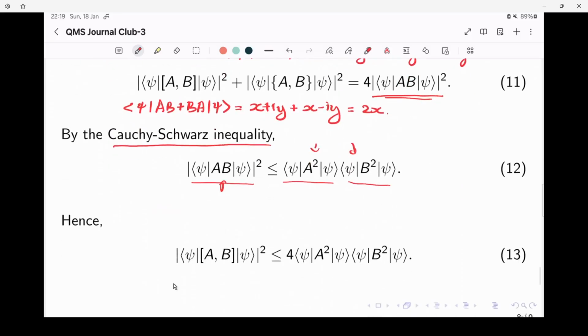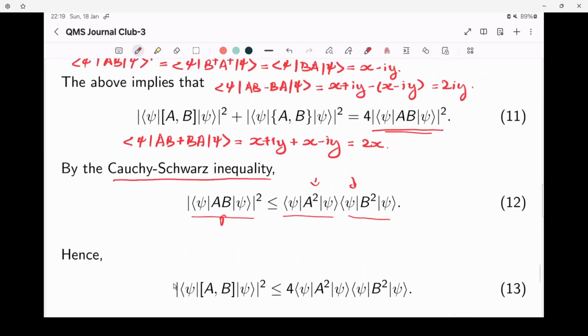Now what you need to do is to plug this back into equation 11. This is the first term, and then this is the second term.